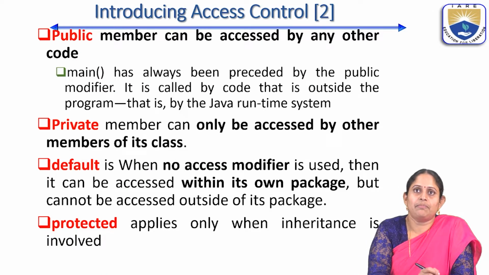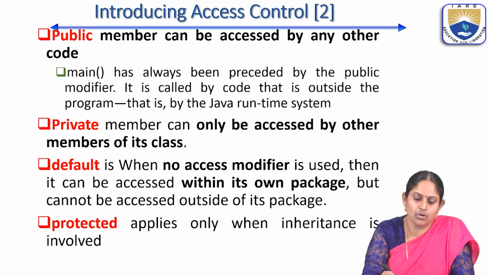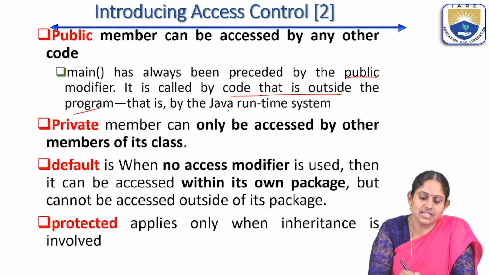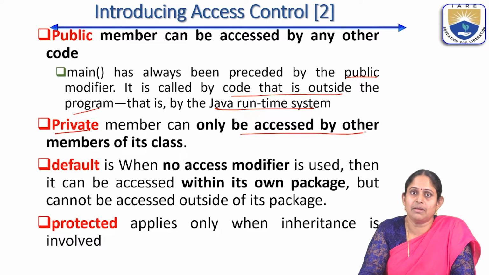As I've told you, the public member can always be accessed by any other code. The main was always preceded by the public modifier because it is being called outside the program by the Java runtime system. The private member can be accessed only by other members of its class.